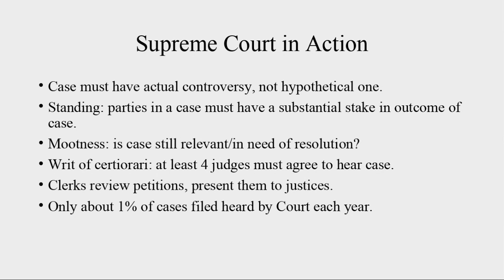If an individual wants to appeal their case to the Supreme Court, they have 90 days from the lower court decision to file this petition. After the petition is filed, it's presented to the clerks, who then give it to the justices who are participating in a pool.